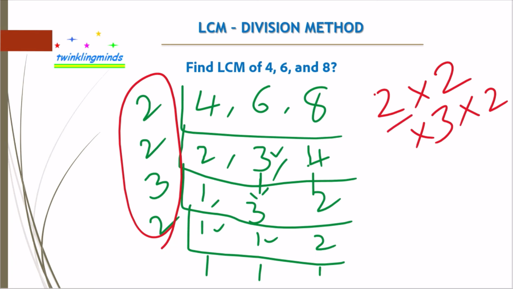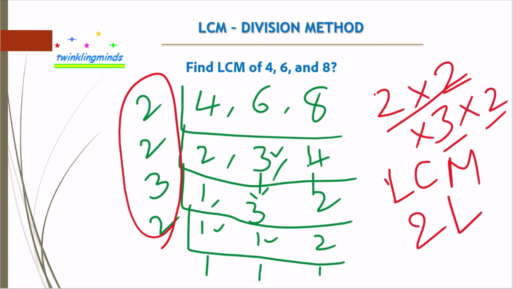So 2 twos are 4, 4 threes are 12, 12 twos are 24. So our LCM is 24, isn't it? So simple.